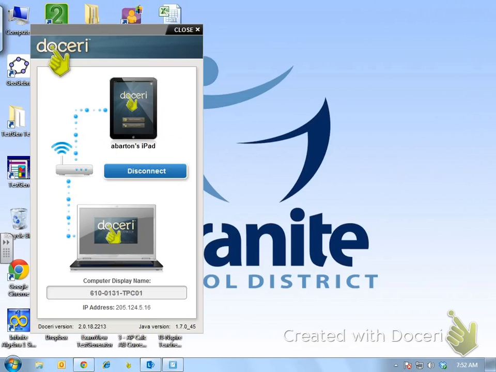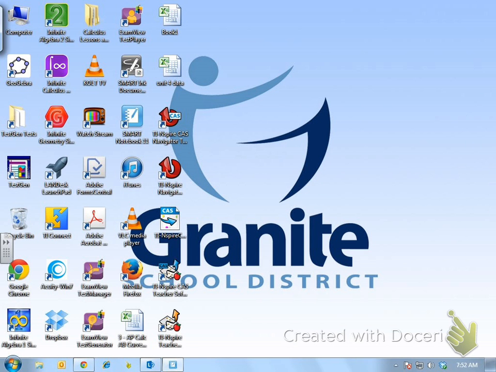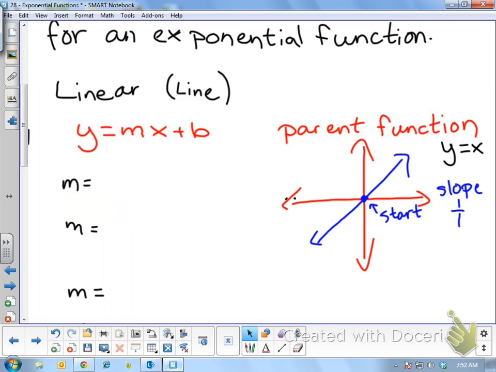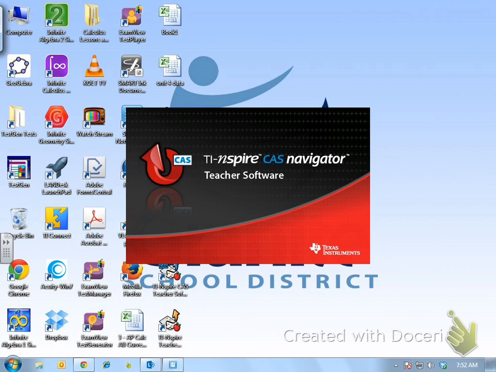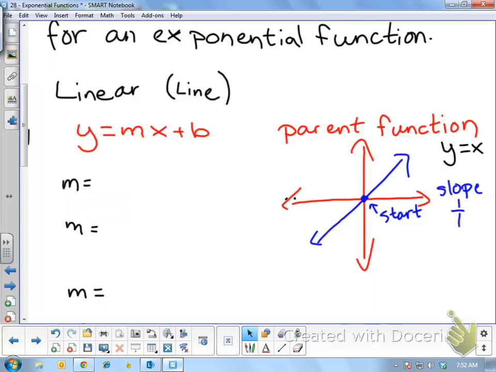I'm going to get the software to start booting because I forgot to do that earlier. Hopefully it's booting. Okay, I better double check. Yeah, it is booting. Okay, so while that's booting, if you haven't finished writing this down, you can.